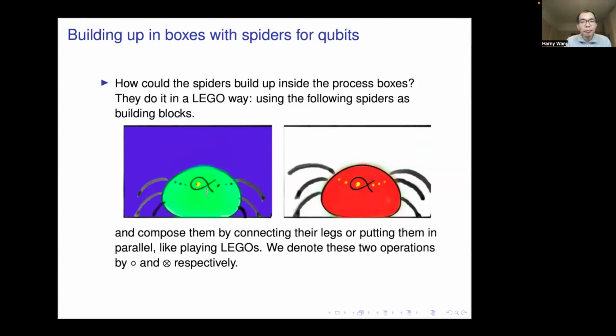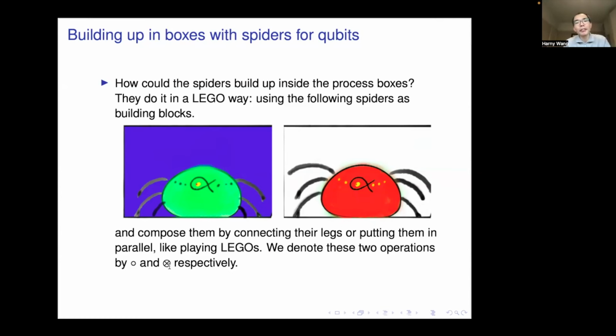So how do these spiders represent quantum processes? How do they interact with each other? Basically, as we said, there are two ways: either you use the sequential composition, or the parallel composition.